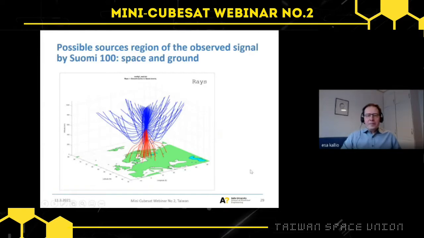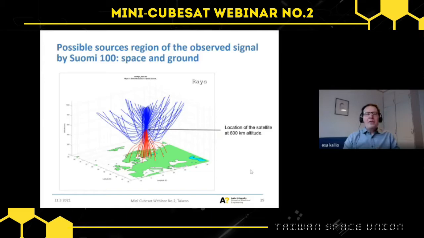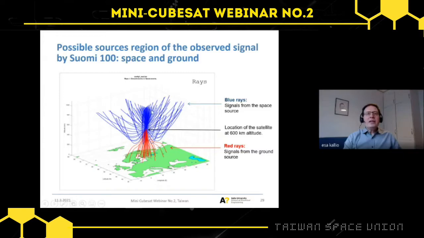Part of the signals we can get may come from the ground; those are the red signals. Part of them can come from space; those are the blue rays. So we have to use this kind of model to understand what the source of the signal is.